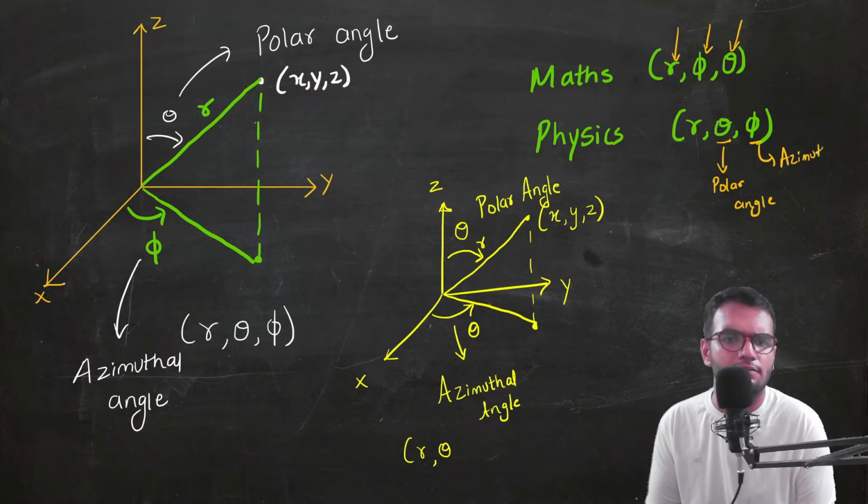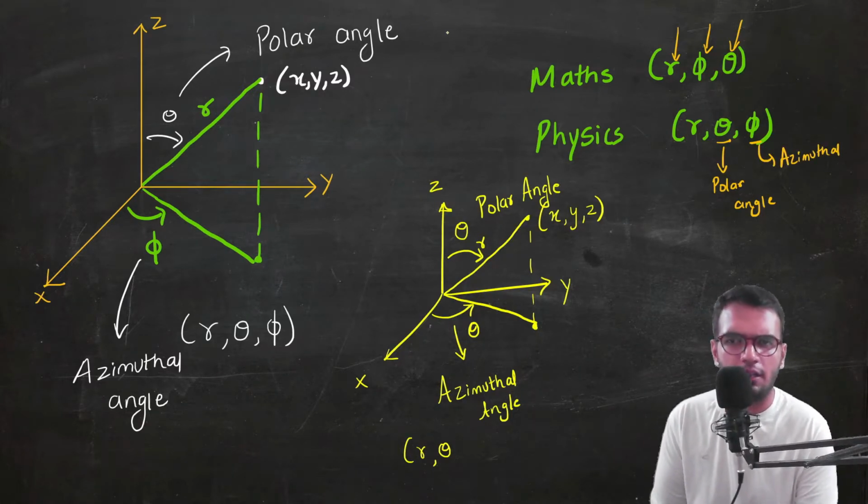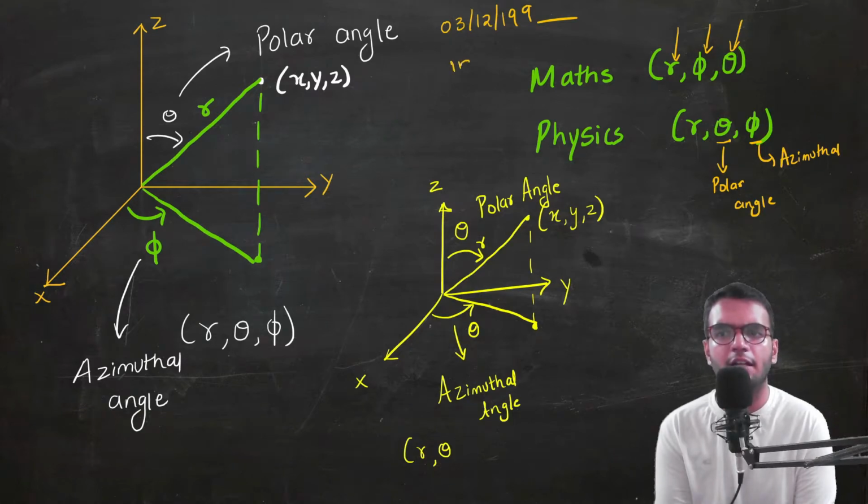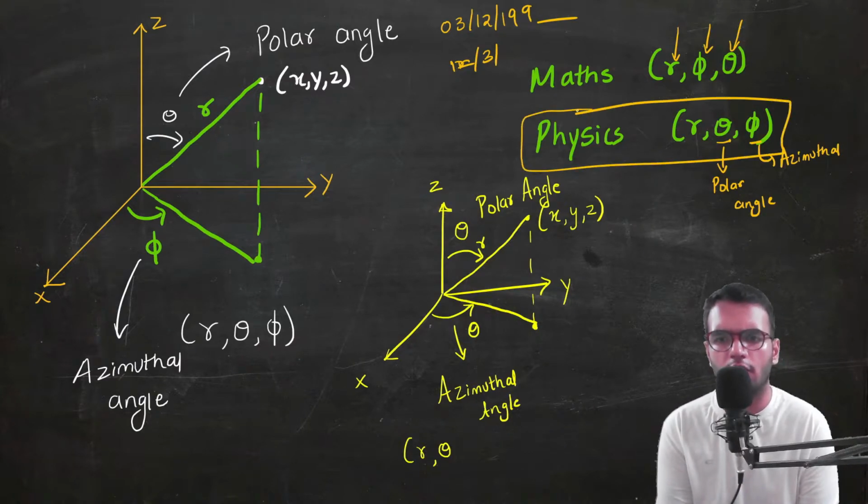For example, in some countries we write date of birth first, and in some countries we write month first, then date, and then year. So these are the conventions, and we will follow this convention only.